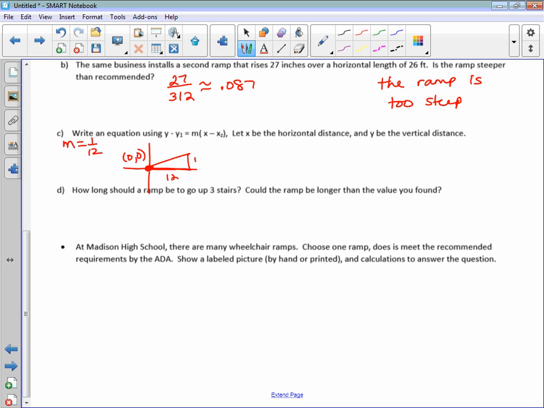So super easy if you start from there, because you're just doing y minus 0 equals 1/12 times x minus 0. Okay, so it's just y equals 1/12 x. That's just an equation that represents the slope that is appropriate for okay.